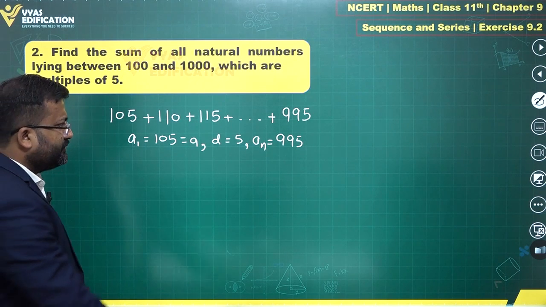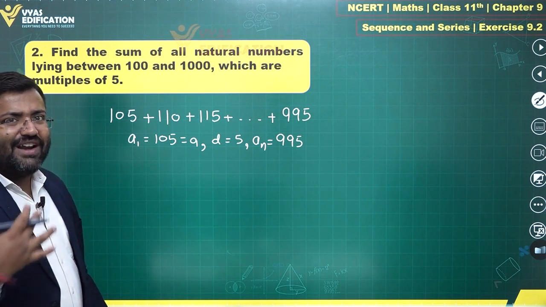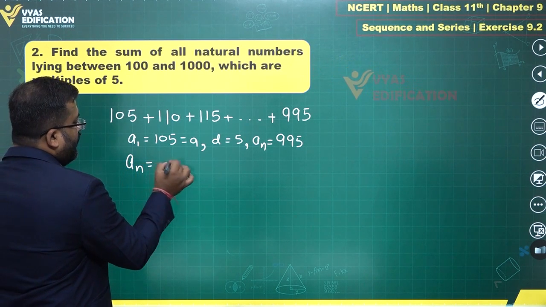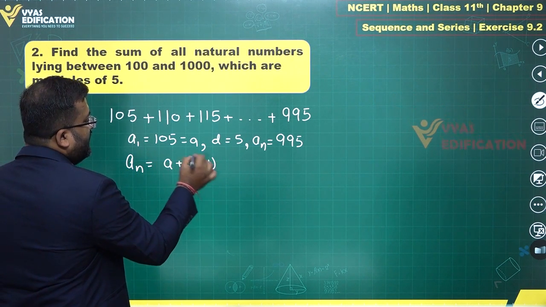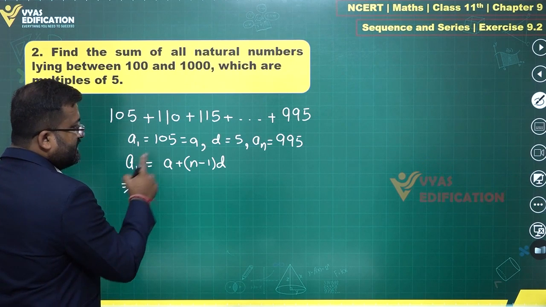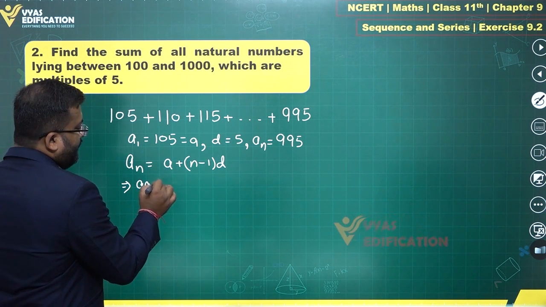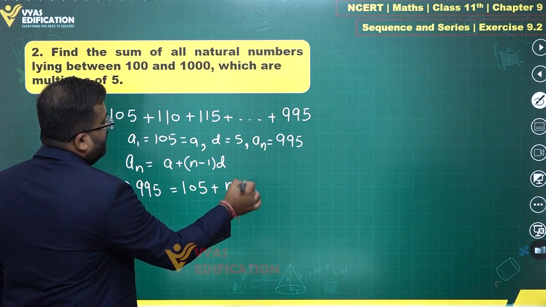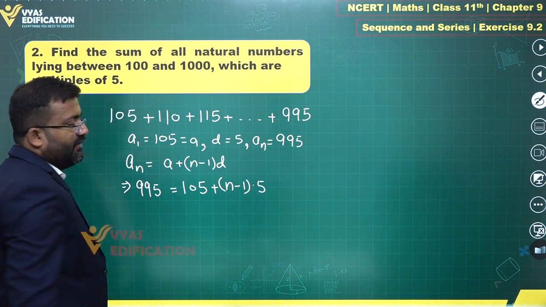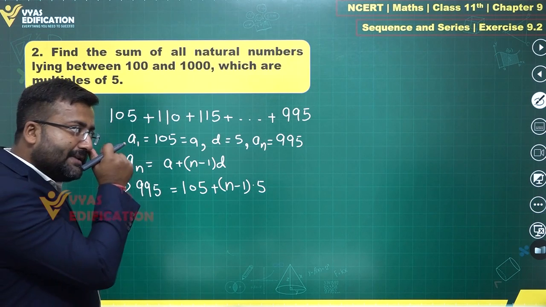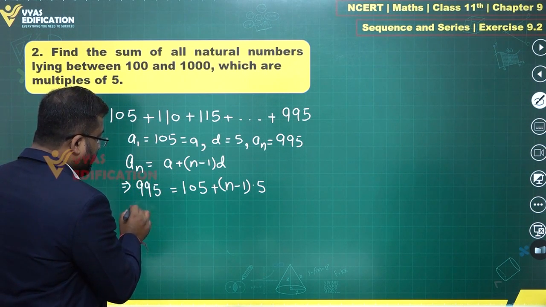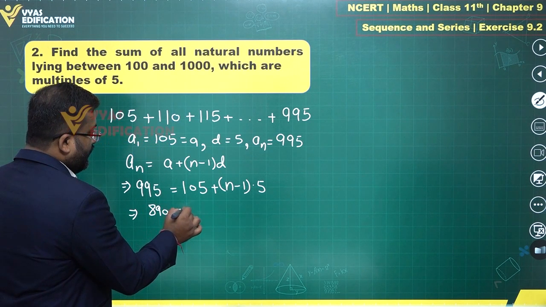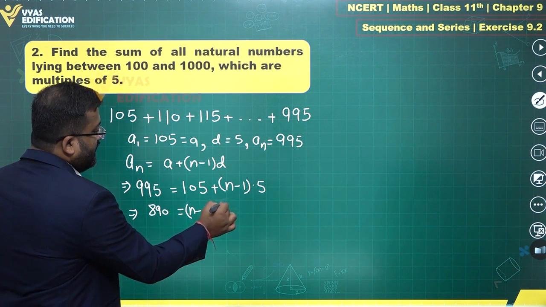What else? Can you find N? Because for finding the sum, I need N. AN is equal to A plus N minus 1 D. Let's apply this. AN is 995, A is 105 plus N minus 1 times common difference 5. And I can get the value of N from here. 105 subtracted over here will be 890. 890 will be N minus 1 times 5.